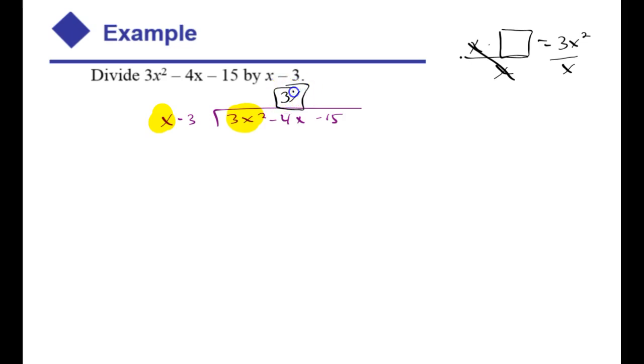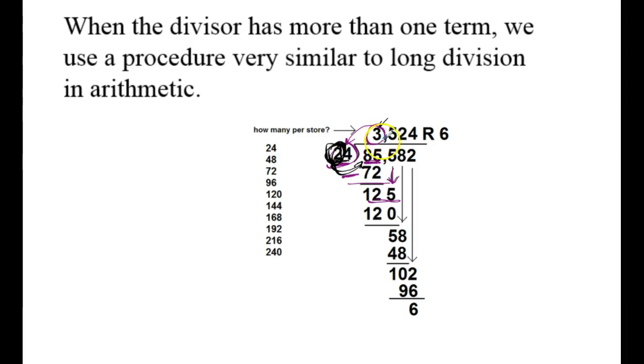And of course, that's just going to be 3x. And notice I'm lining up the x terms on top of the x terms. And that's something similar too, where you line these up becomes very important, so that the 4 is on the 1s.